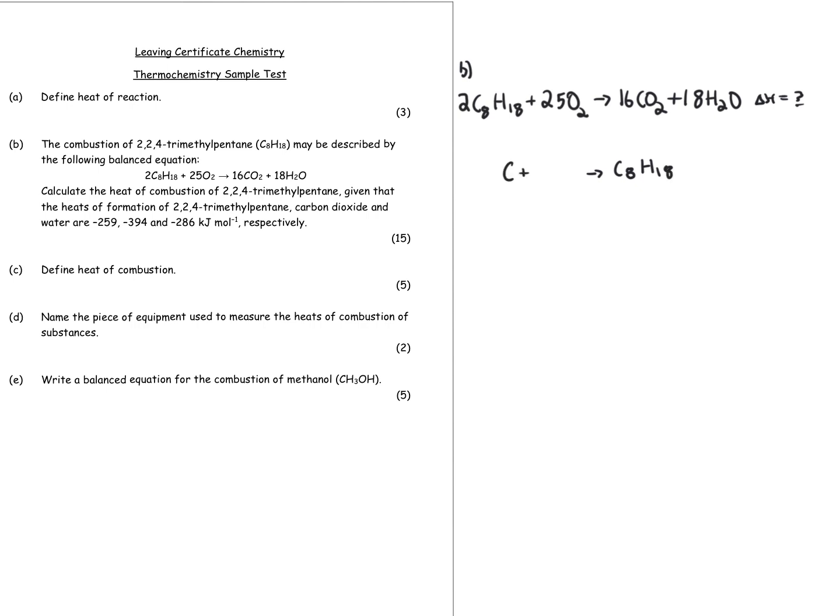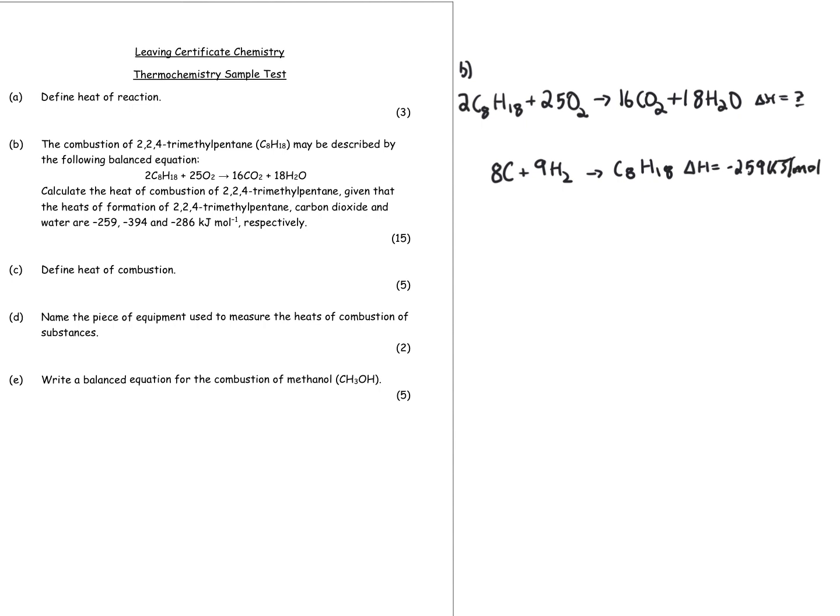Carbon is just C, hydrogen is H2. So to make this balance, we just need 8 carbons. And in total, we're going to need 18 H's, but we have H2 here to begin with. So that's going to mean that we're going to need 9 H2 up here. Last thing we need to do then is just write the delta H value for this guy. And the delta H for this reaction is minus 259 kilojoules per mole.